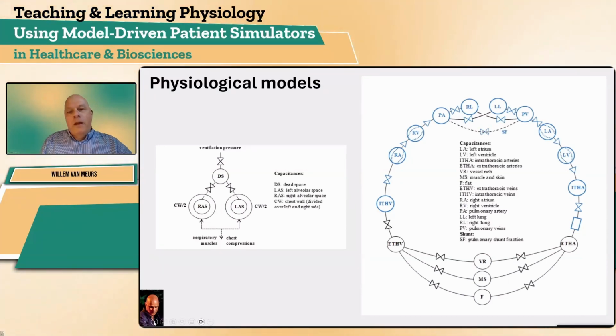Now, what we do then to create these simulators is we translate these symbols into equations. And these equations are translated into code. That sounds very technical, but it's actually the easiest part of my work. What we've seen now is how to represent physiology in a diagram, which is usually the harder part of what's behind the simulators.